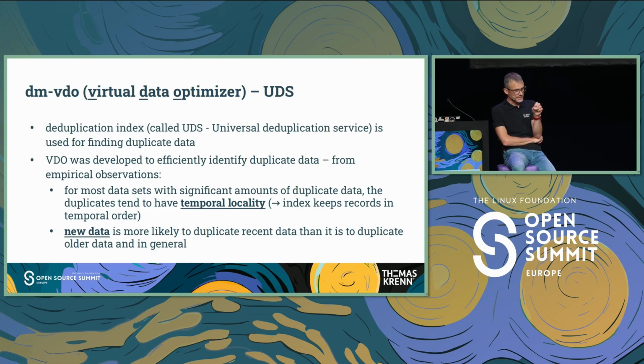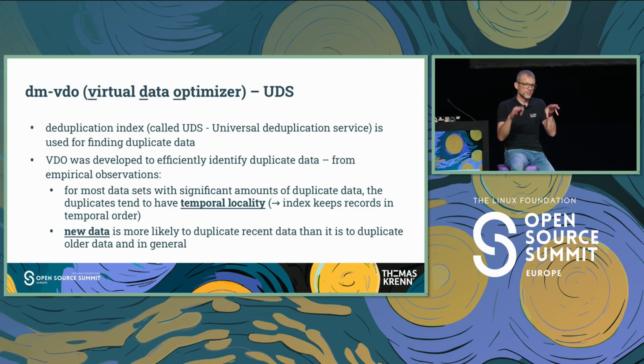So they found out that most data sets with a significant amount of duplicate data are found in data that has a temporal locality, so that are about the same time being written. And new data is more likely to duplicate recent data than it is to duplicate old data in general.